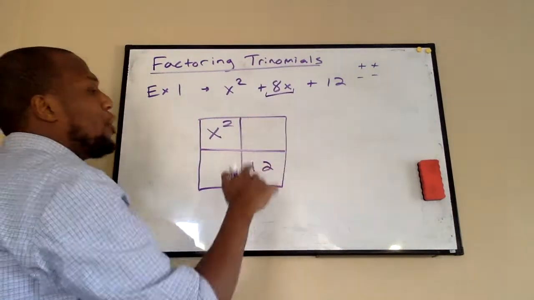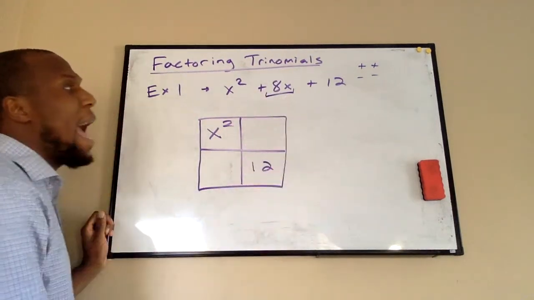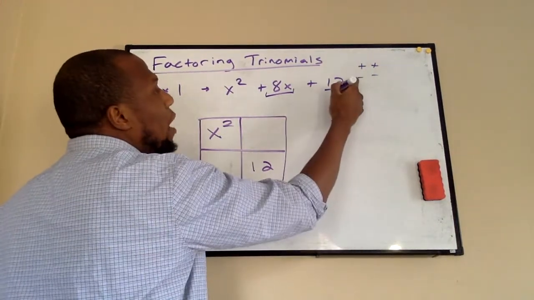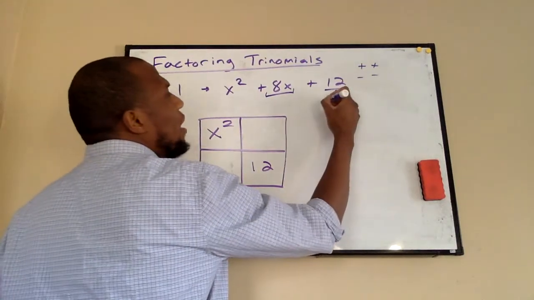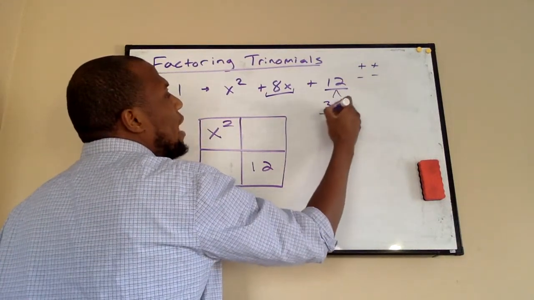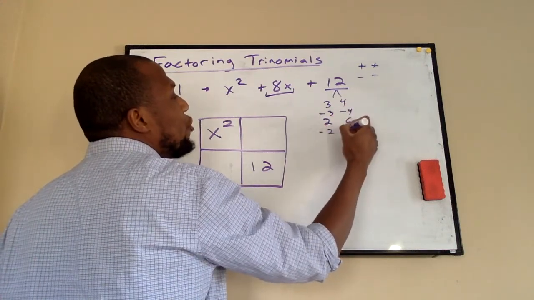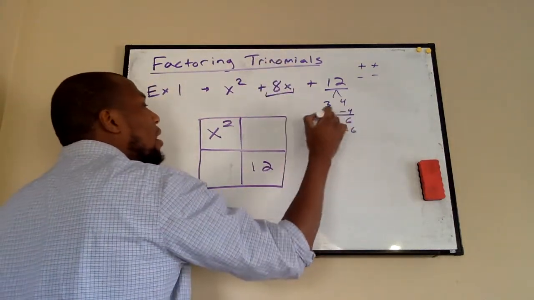So I need two numbers that multiply to 12, but will also add to 8. It'll be good to list out factor pairs of 12, like 3 and 4, -3, -4. We got 2, we got 6, we got -2, -6. They need to add to positive 8.